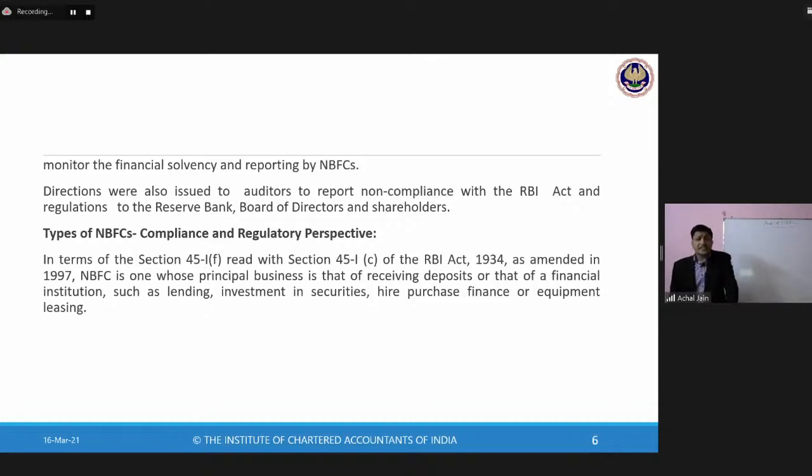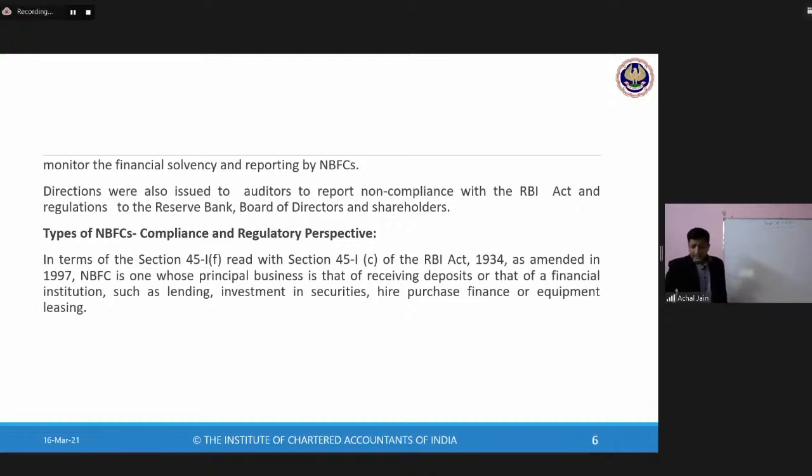Now, NBFCs, on the basis of those directions, can be categorized broadly into three categories. Okay. Now, if I have to look at those directions, we can say NBFCs can be broadly categorized into three categories.